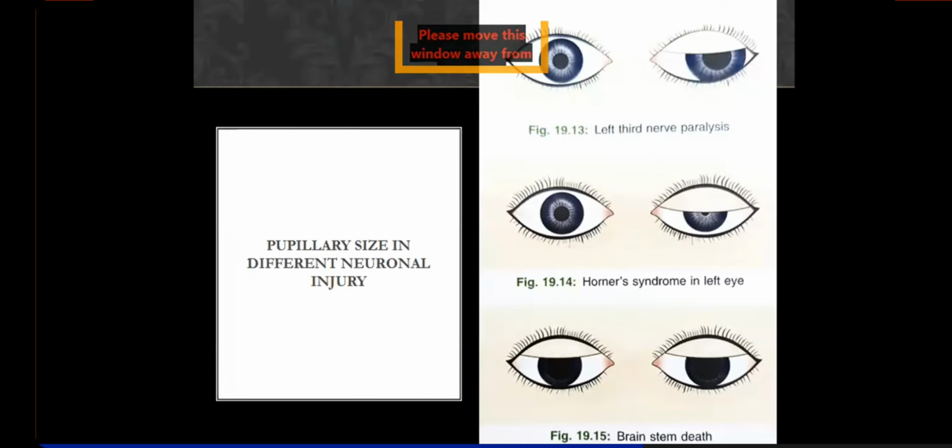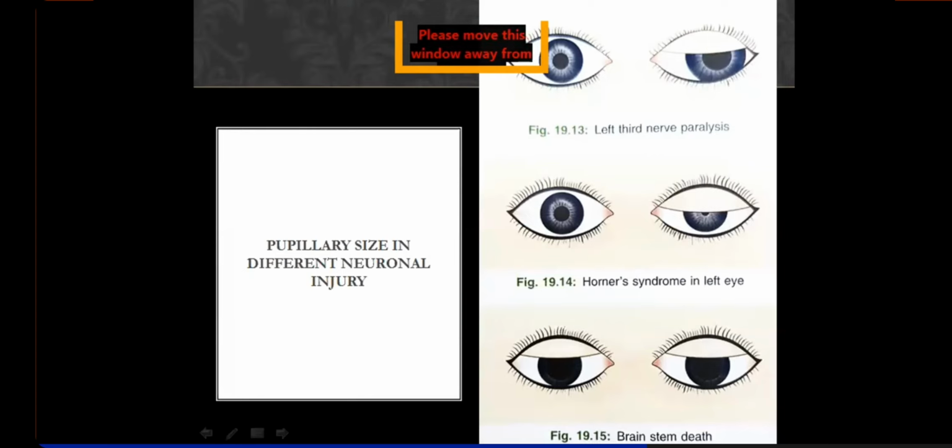Then Muller's muscle की वजह से partial ptosis हो जाएगी, and dilator pupillae will be lost because of sympathetic innervation. Dilator pupillae में होता है ना, mydriasis is the function response of sympathetic outflow. So इस case में Horner syndrome में miosis होता है, remember miosis like constriction of the pupil, okay okay.